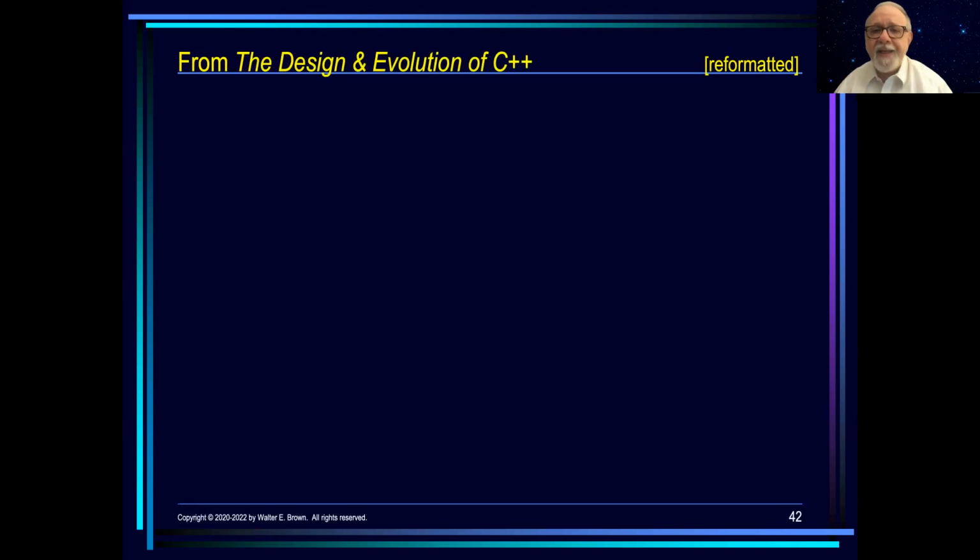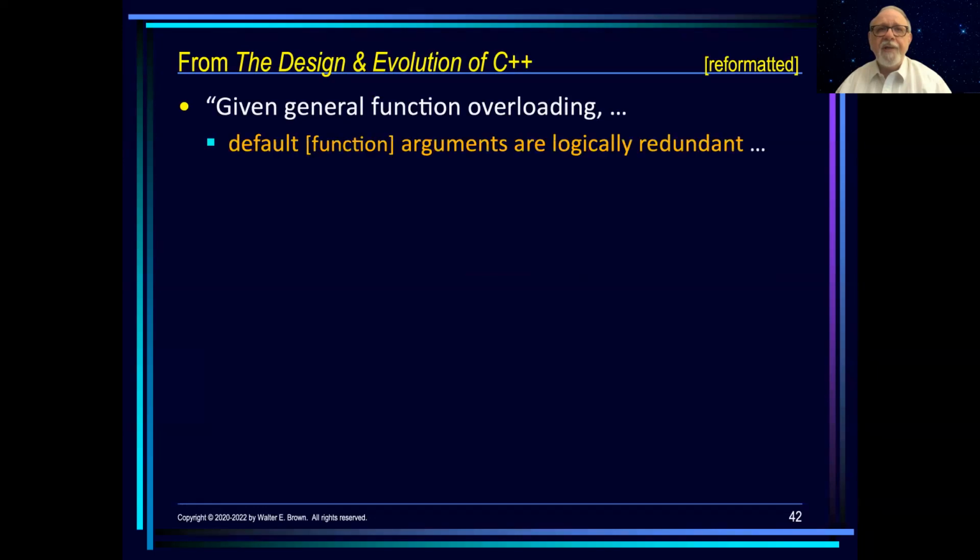Let me quote D&E again. Given general function overloading, default function arguments are logically redundant and at best a minor notational convenience. Remember, this was written almost 30 years ago.